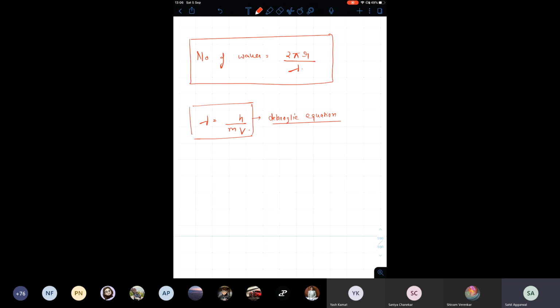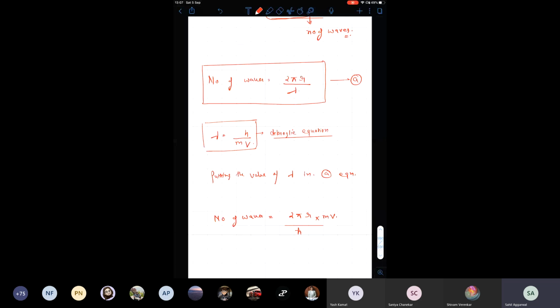So we can put the value of lambda in this equation. Putting the value of lambda, we get number of waves is equal to 2 pi r upon h upon mv.